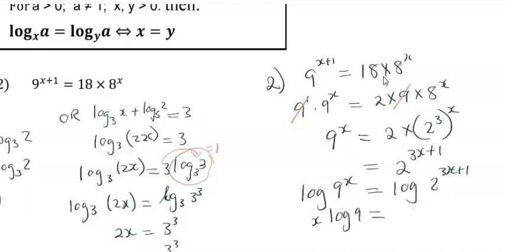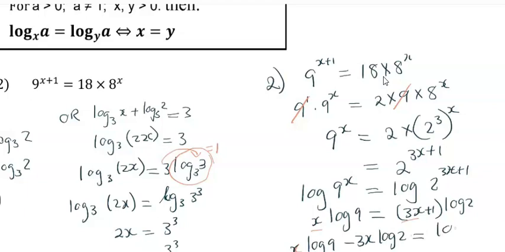The right hand side becomes 3x plus 1 times log of 2. We want to take all the x's to the left hand side. Then we have x log 9 minus 3x log 2 is equal to log 2.